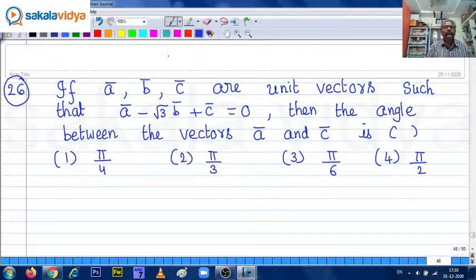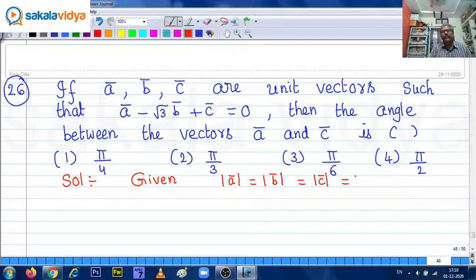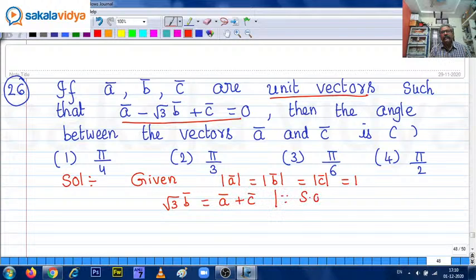Okay, see now this can be written like this. Here given mod A, mod B, mod C equals 1, because they are unit vectors. So as per this condition, we can write root 3 B bar equals A bar plus C bar. Squaring on both sides, what do you get now?